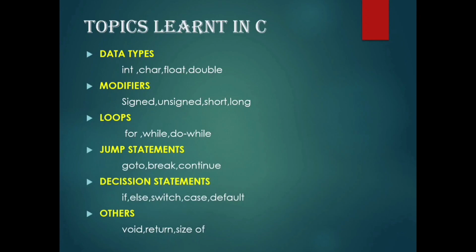Topics we have learned in C: data types, int, character, float, and double. Modifiers are signed and unsigned, and size: short, long, long long. Loops: for, while, and do while.